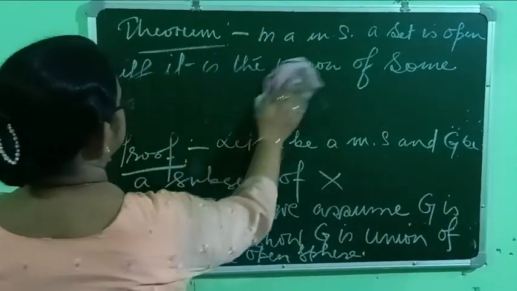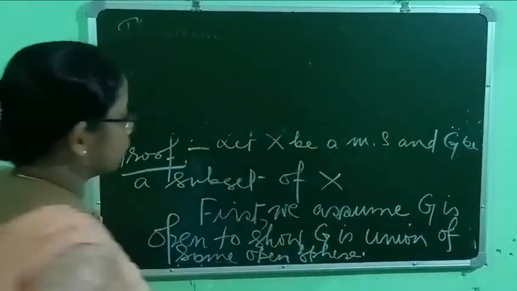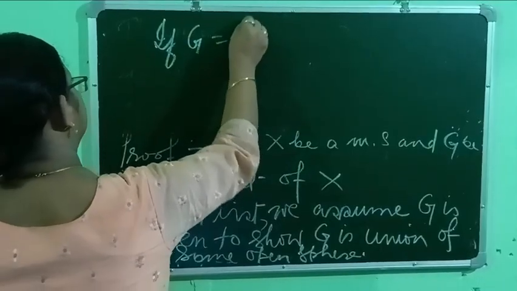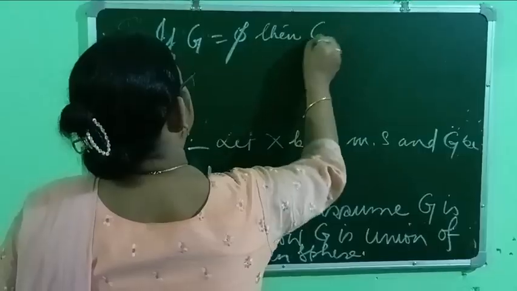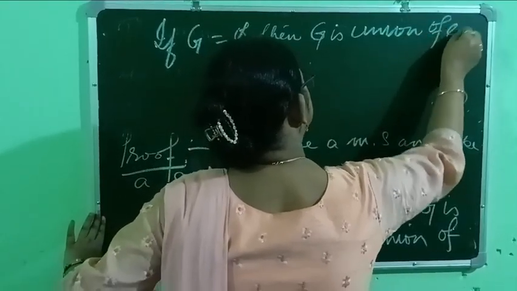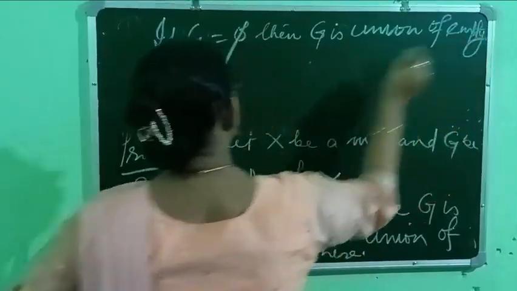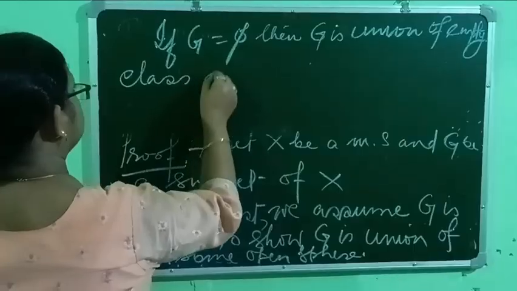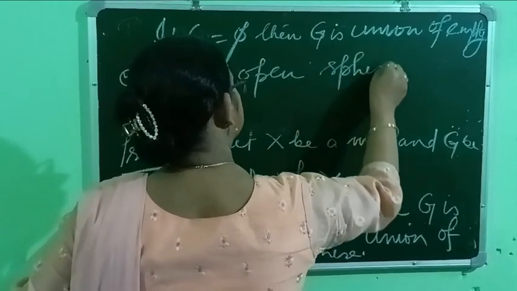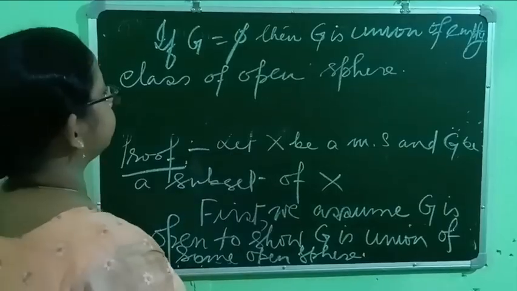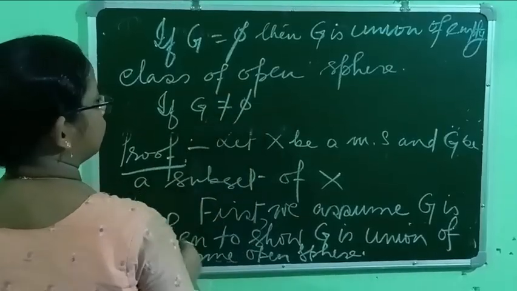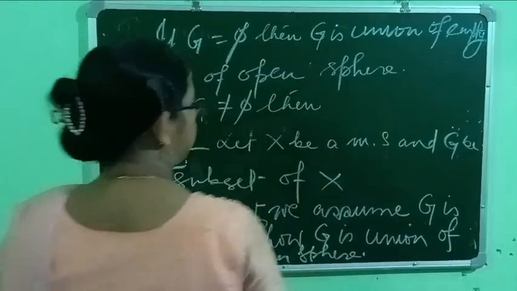So, if G is empty, then G is union of open spheres, and if G is not empty, then we will proceed with the proof.